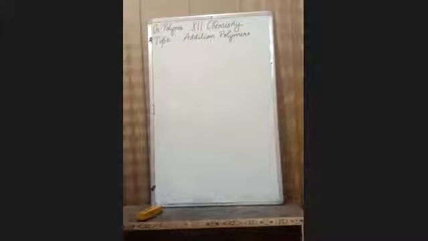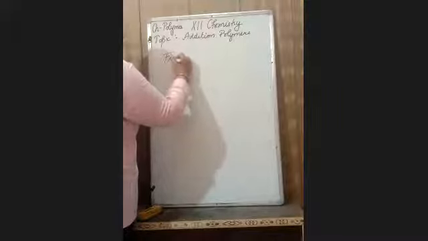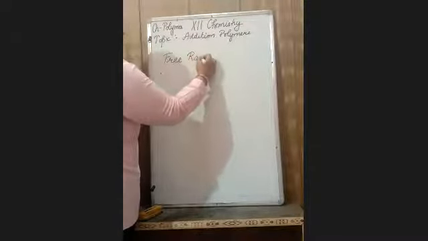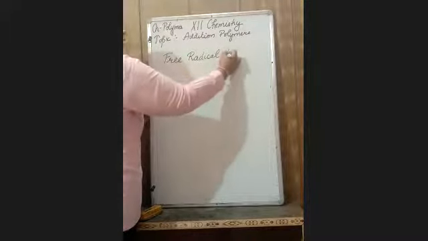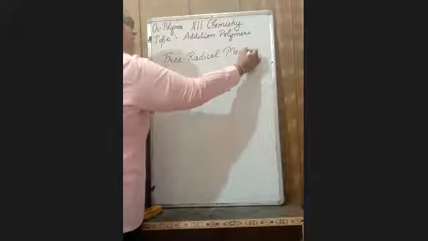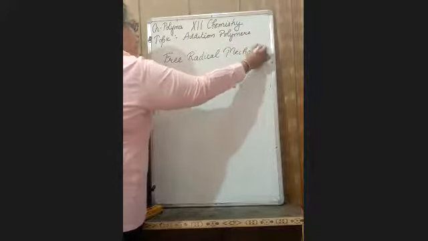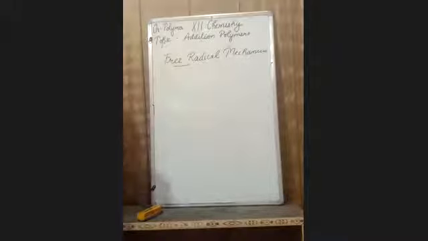How is it possible? For addition reactions, they follow free radical mechanism. What is a free radical? My dear students, it is an intermediate species having an unpaired electron, which makes it more reactive. They react with other substrates to form the products.